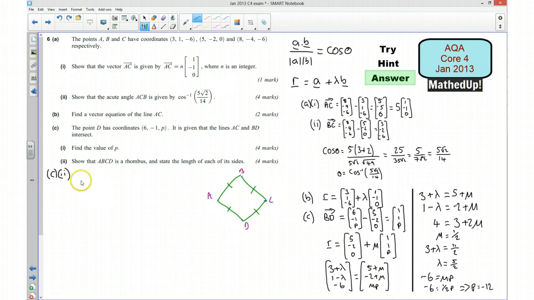So I need to know the magnitude of AB. First of all I'm going to find what the vector AB is. That's point B, that's point A, so that's going to be 2, minus 3, and 6.